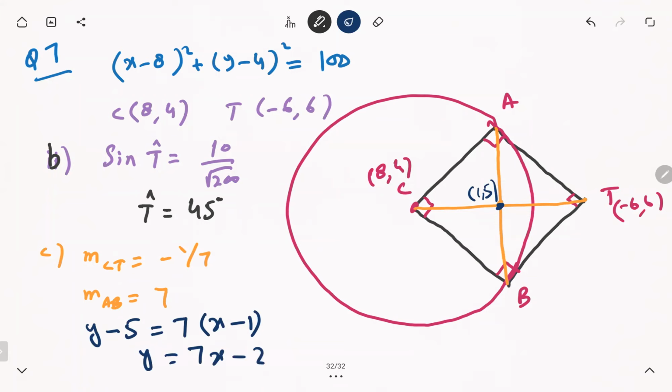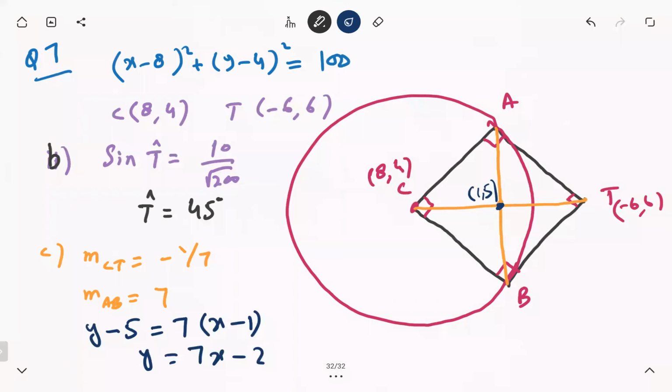Any problem? Is that clear? Those who are asking for C part, any question about C part now? Okay, now D part of question 7.